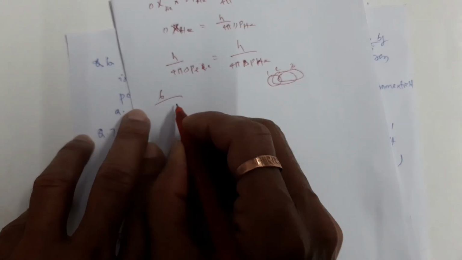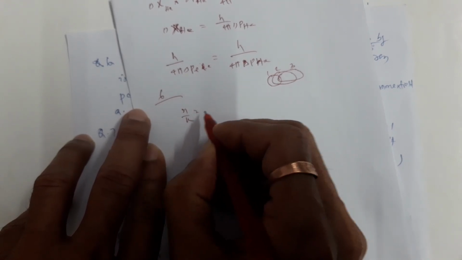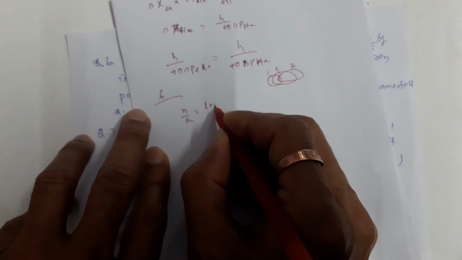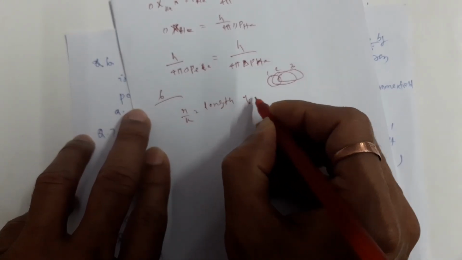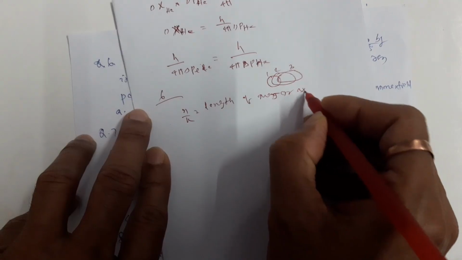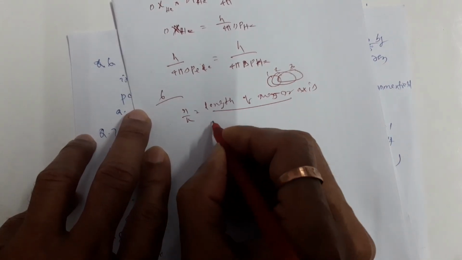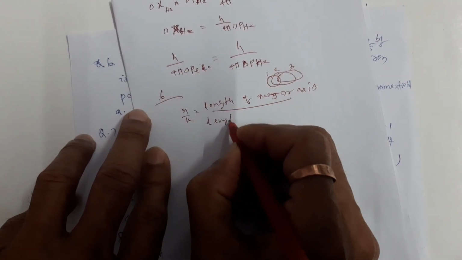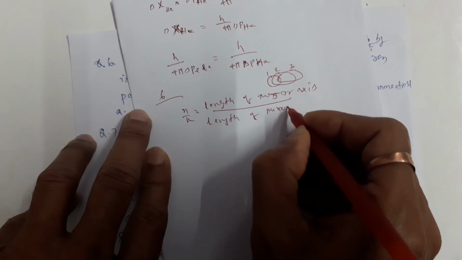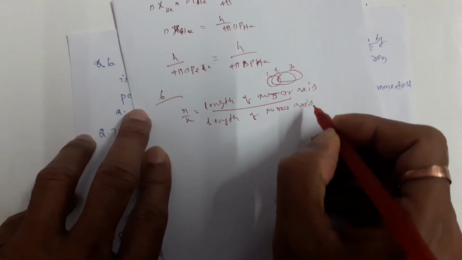So we know n by k, where n is the length of the major axis and k is the length of the minor axis.